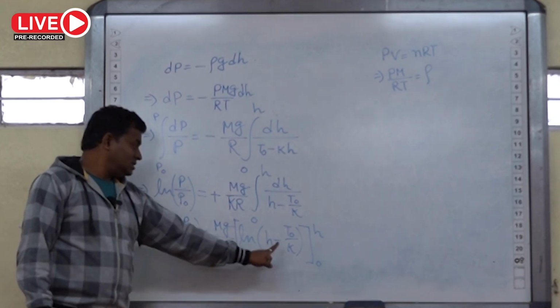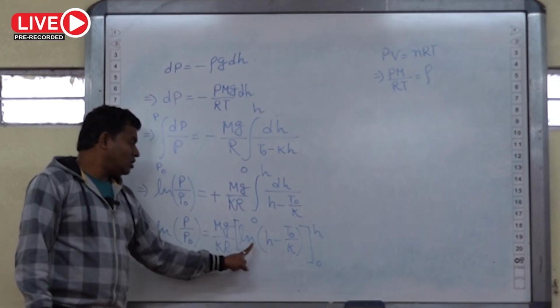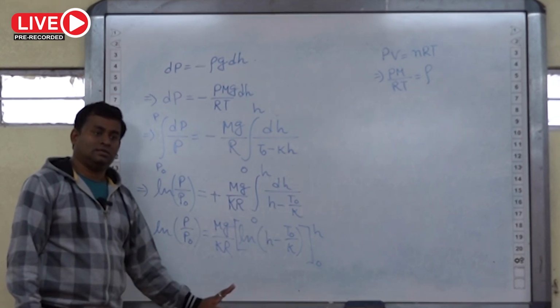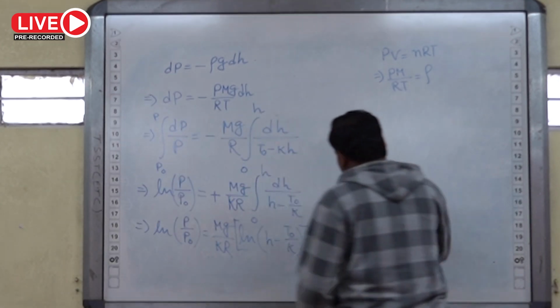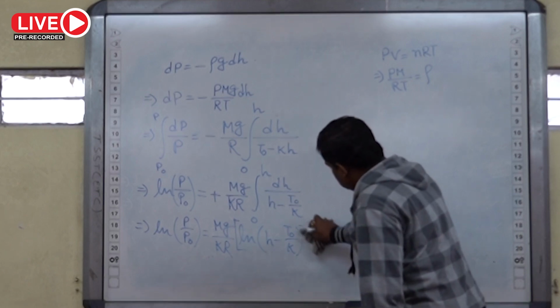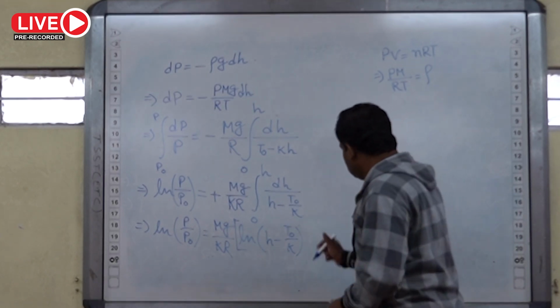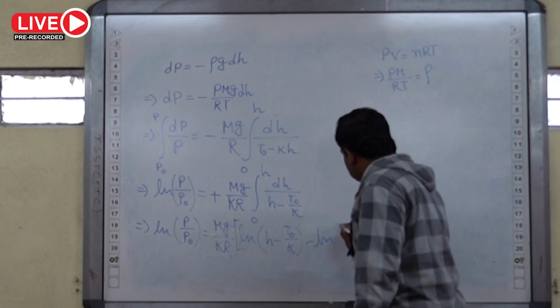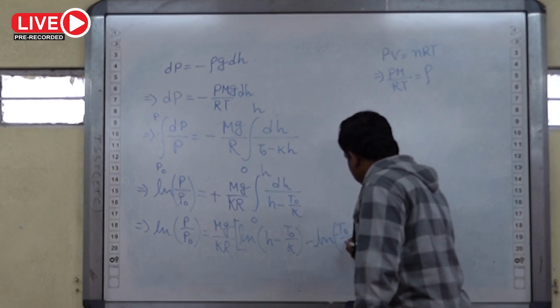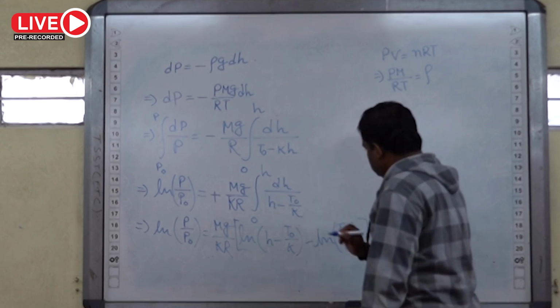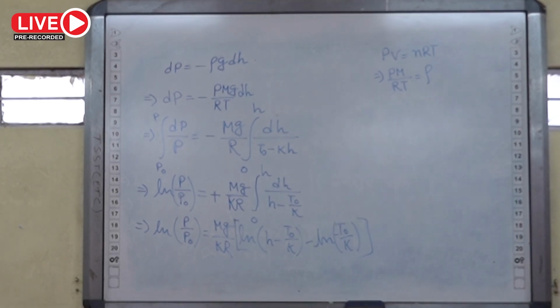If you put the lower limit, this term will be 0 and you will get log of minus T naught by K, with a minus sign. After putting the limits: log of H minus T naught by K, minus log of minus T naught by K, putting H equal to 0 for the second limit.